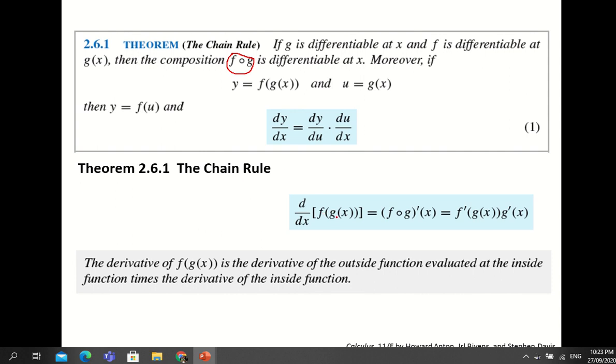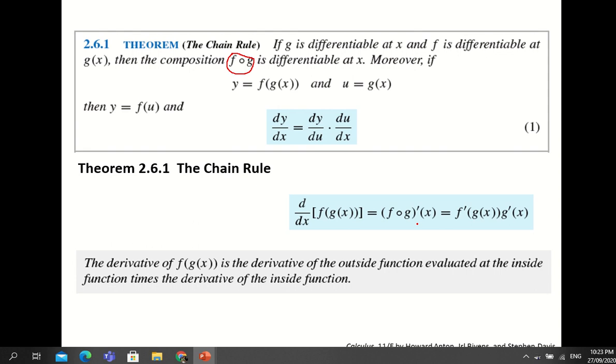So the derivative of f(g(x)) with respect to x is equal to this symbol. We have the derivative of the composite function of f and g at x is equal to f prime of g(x) times g prime of x. It seems that it's not easy to memorize it this way, class, using this mathematical expression.